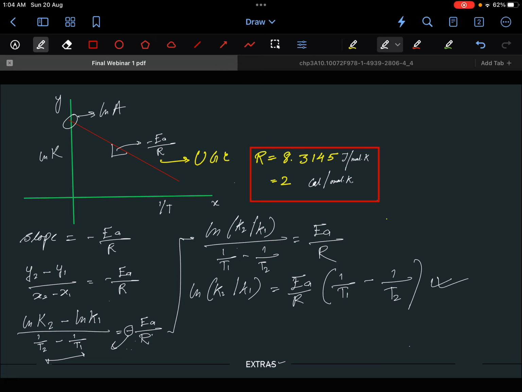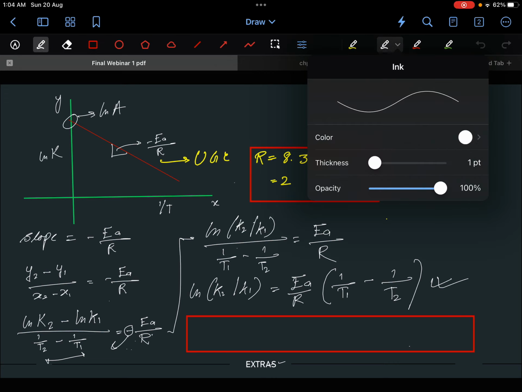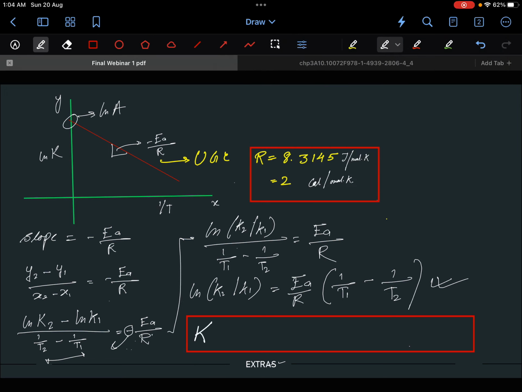Very simple. And now the value of k2 is, the k1 will come to this side, and the ln will become anti-log when it comes that side.